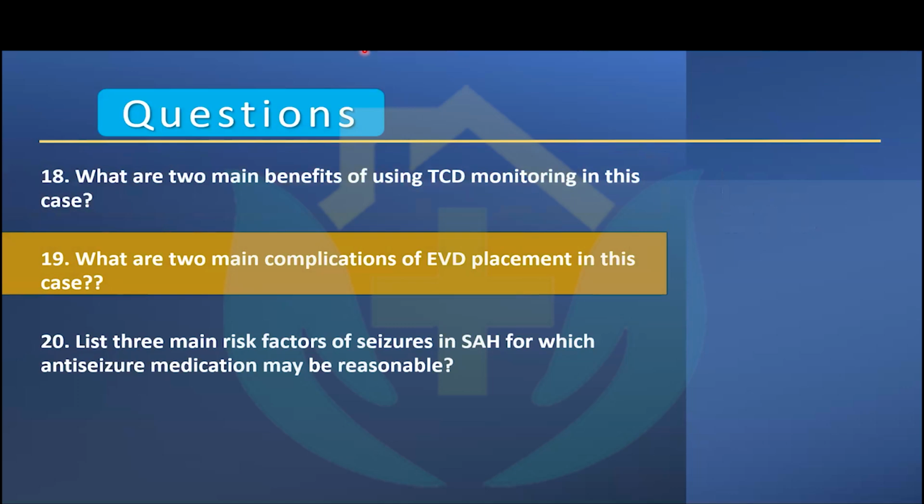Sir, you asked me what was the goal of MAP, I mean, what was the goal for induced hypertension? No, I asked you what was the target of systolic blood pressure to control the blood pressure before securing the aneurysm.